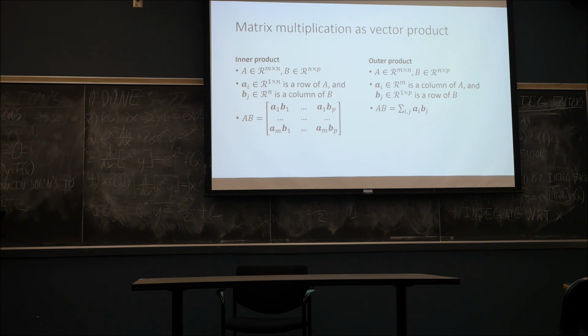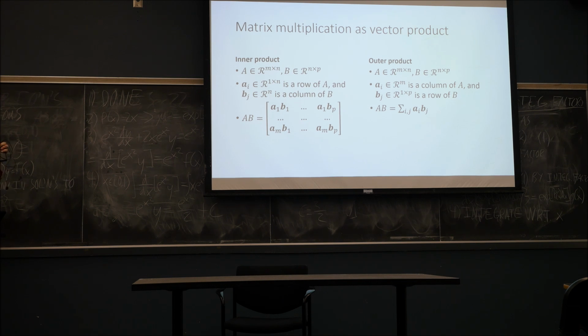For the outer product, we choose the column vector from A, and we choose the row vector from B. You can see the entire multiplication as a sum of those outer products. If we pick a column vector from A and a row vector from B and multiply them, what is the size of that outer product?